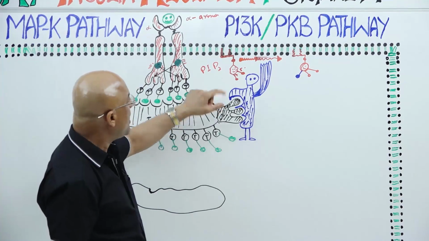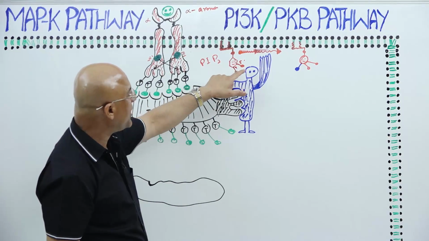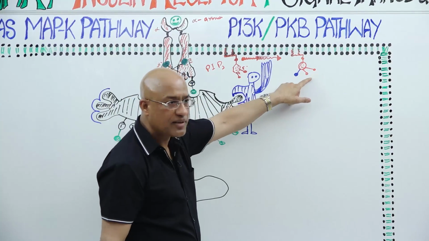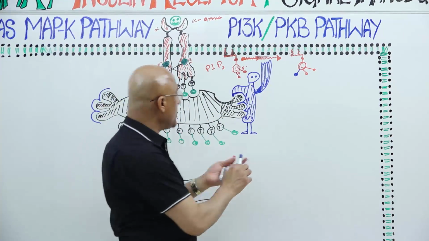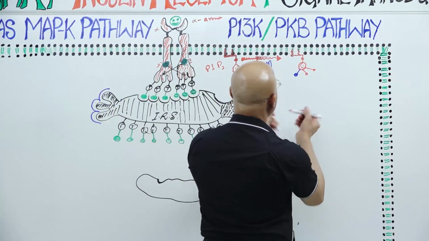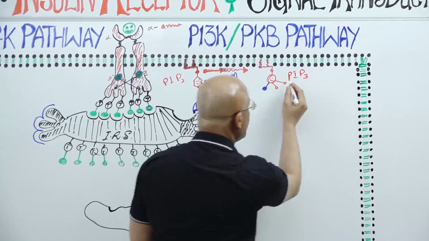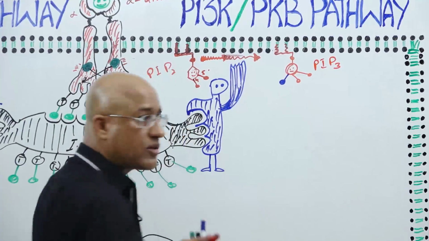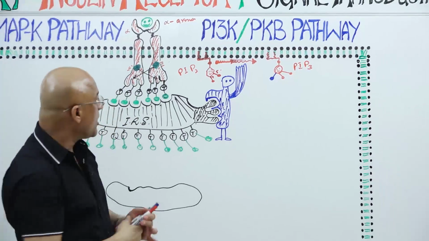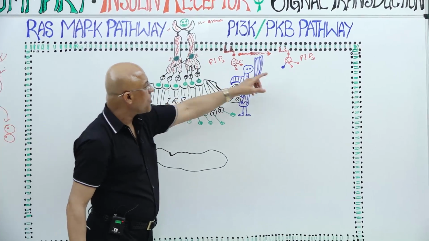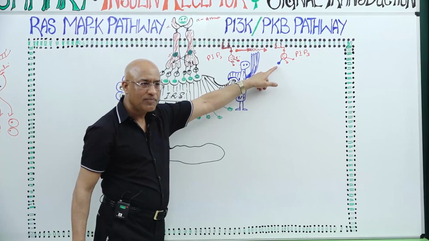It means it has added a phosphate to PIP2, and now how many phosphates does it have? Three phosphates. So now this lipid will be called PIP3, phosphatidyl inositol triphosphate. To be more specific, it has added the phosphate at carbon number 3.